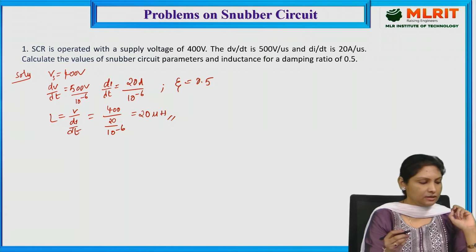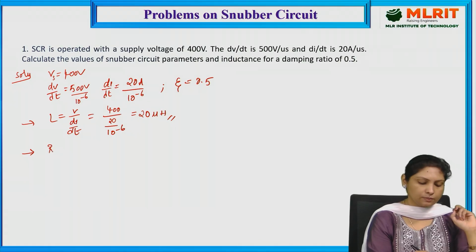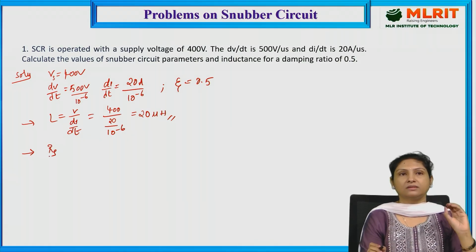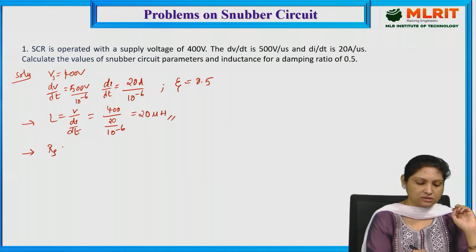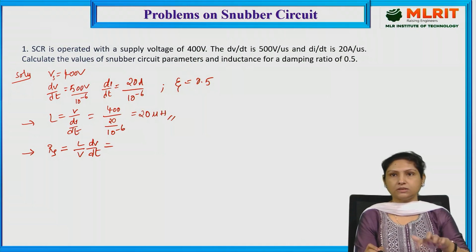Similarly, let us obtain the value of the resistance, another Snubber circuit parameter. The formula is L by V into dV by dt, which is equal to the value of L we got previously, 20 microhenry.